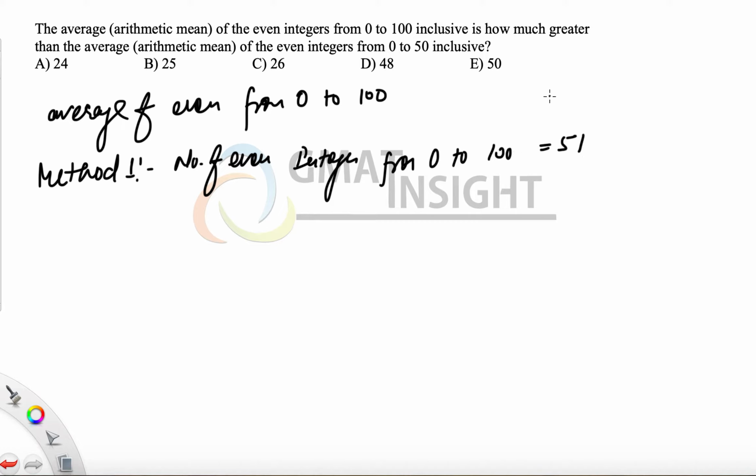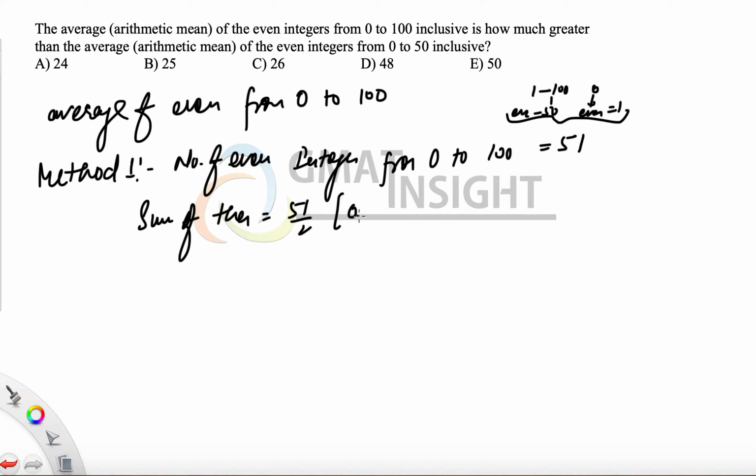How do we get this 51? Because from 1 to 100 there are 50 even numbers and 0 itself is one of the even numbers. So that means in total we have 51 even numbers. Now, if we have to find the sum of them, then that will be equal to 51 divided by 2, times the first term, plus twice of a plus n minus 1.